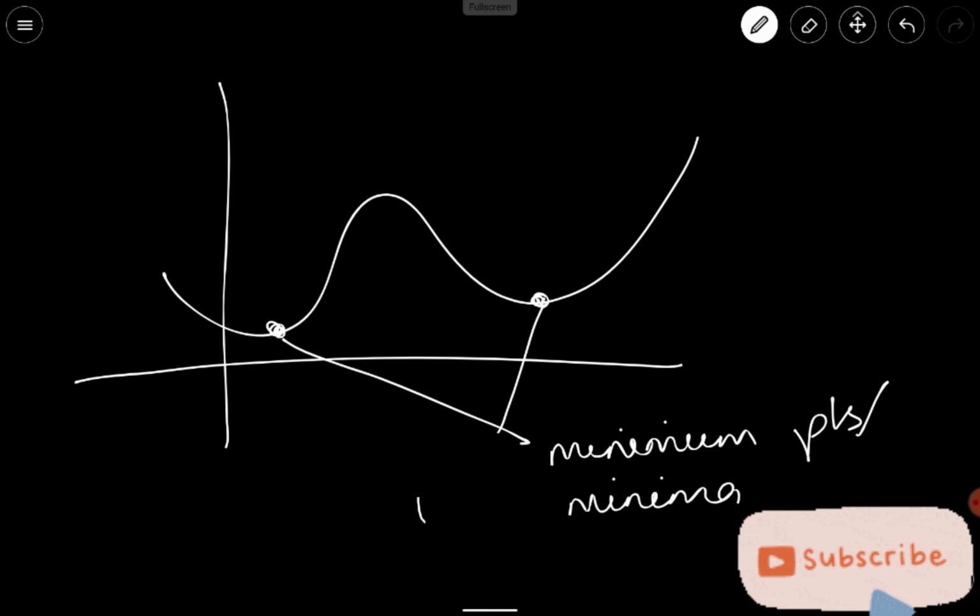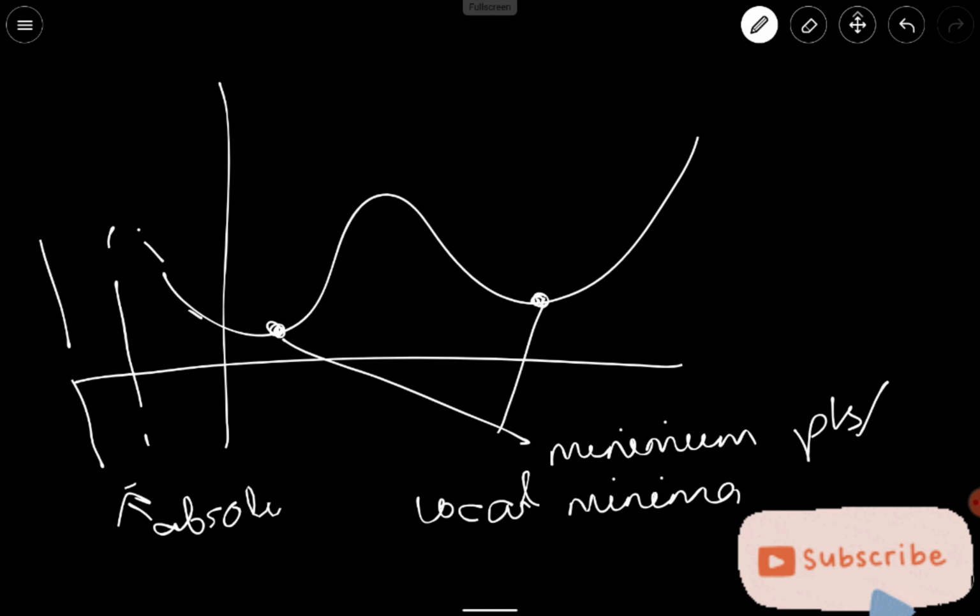They are the local minima because maybe in the whole curve we have another minima. If the curve continues, suppose here, and it becomes something like this, then the lowest value would be the absolute minima. Similarly, this peak is known as the local maxima.